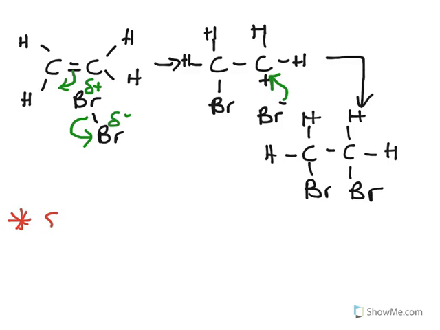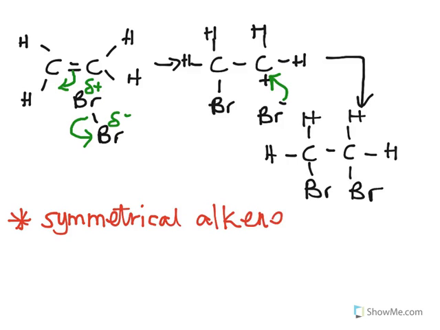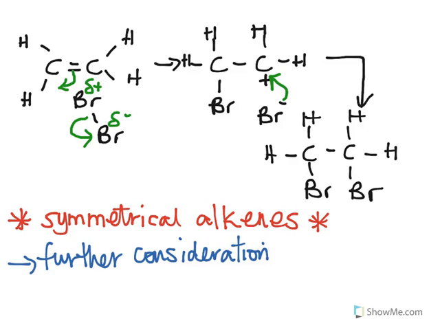Now notice that all of the examples here have used a symmetrical alkene. We've used ethene for this, and these are true for all symmetrical alkenes. However, if the alkene is not symmetrical, if it has some different groups on the two carbons that have the double bond, then we have to have further consideration.